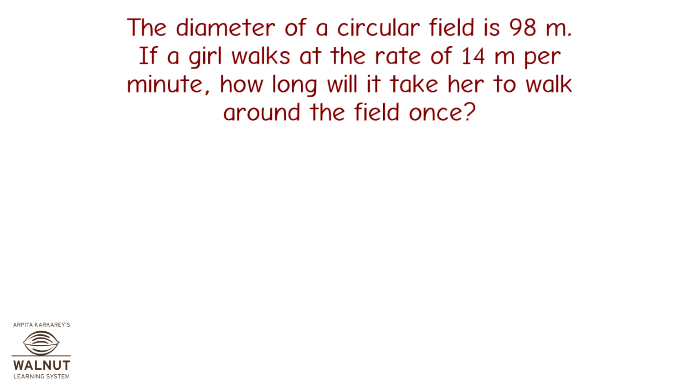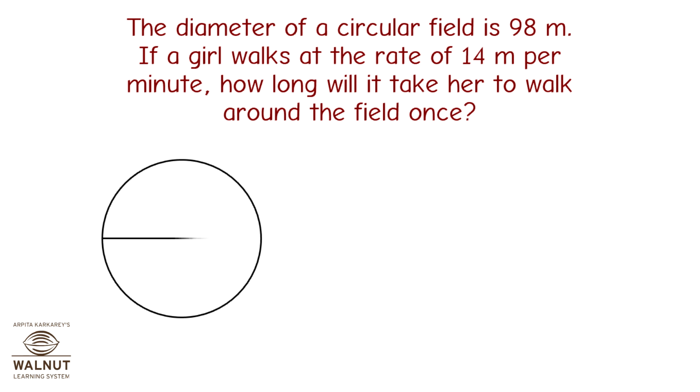The diameter of a circular field is 98 meters. If a girl walks at the rate of 14 meters per minute, how long will it take her to walk around the field once? Let's draw the diagram and understand the problem clearly. So we have a circular field. Draw it. The diameter is 98 meters.